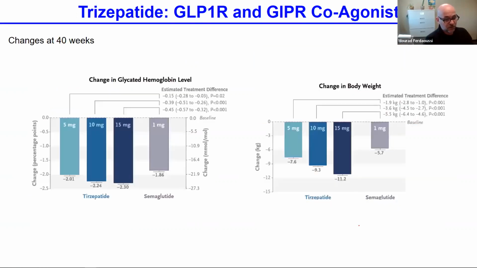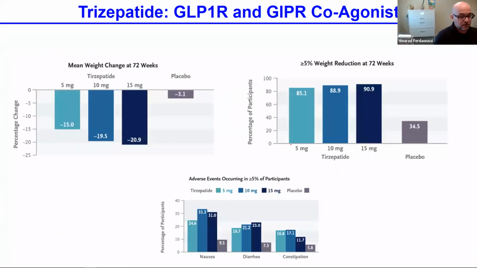The clinical trial compared tirzepatide with semaglutide, which is a GLP-1 receptor agonist that has a strong effect in improving glycemia. This is the change in HbA1c, a strong reduction compared to semaglutide, and also the change in body weight. There is a reduction of about 11 kilograms in people treated for 40 weeks with tirzepatide.